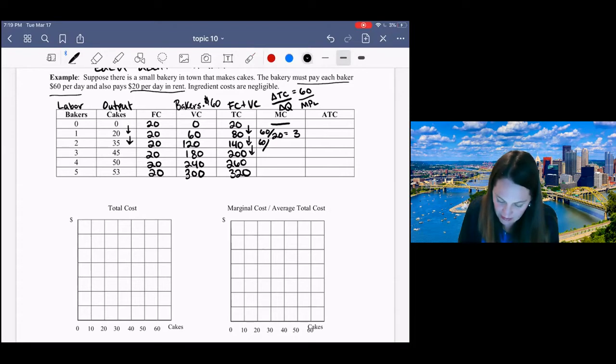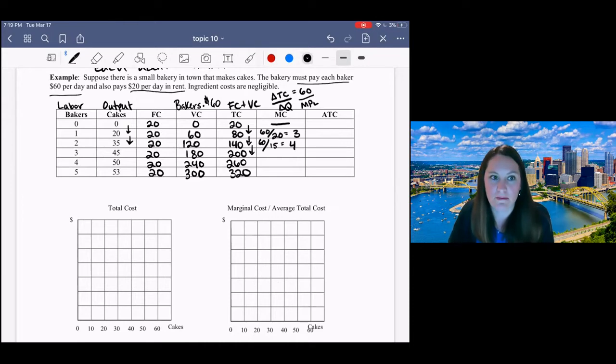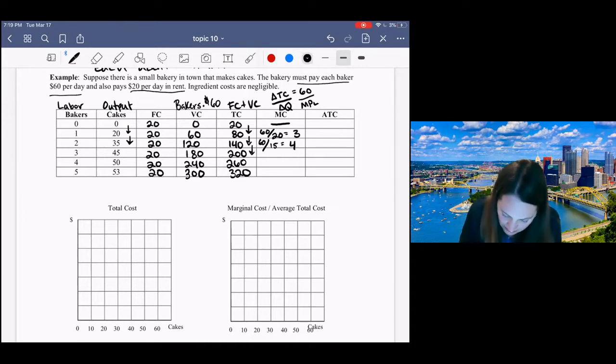The second baker produces an additional 15 cakes, which gives me a marginal cost of 4. So I'm going to just keep doing that here as we go down the table. I've got now 60 divided by 10 is 6. 60 divided by 5 is 12, and 60 divided by 3 is 20.